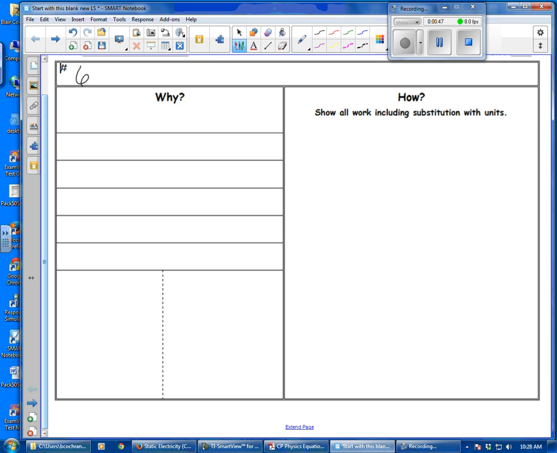The first thing I would show is that I understand that all charges create electric fields around themselves.